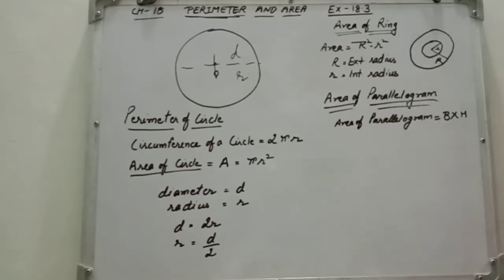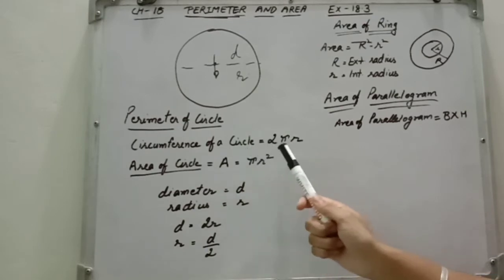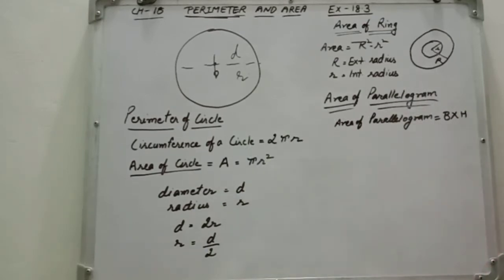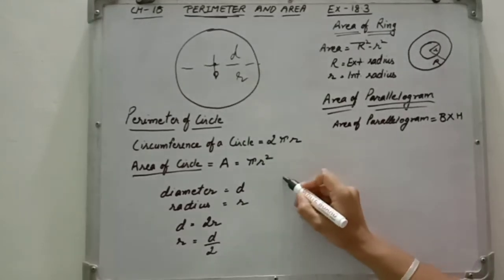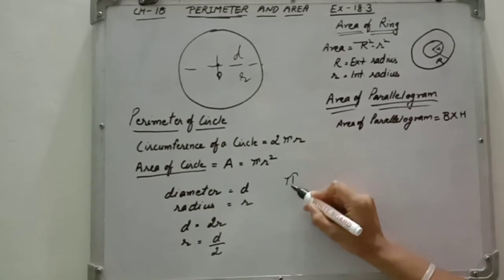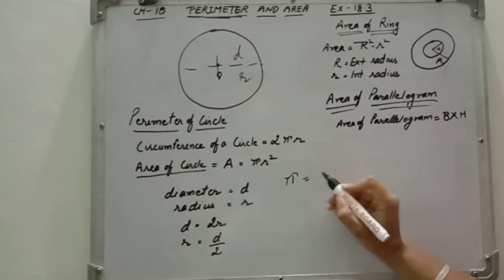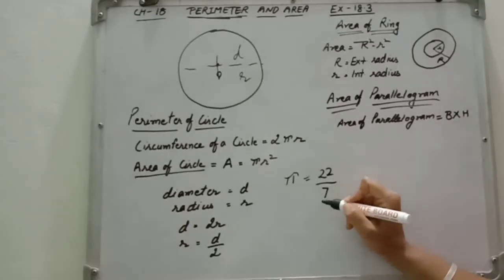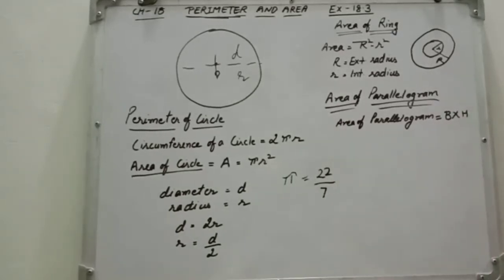So what is the formula? 2 pi r. This sign is called pi, and the value of pi is 22 over 7. Clear?